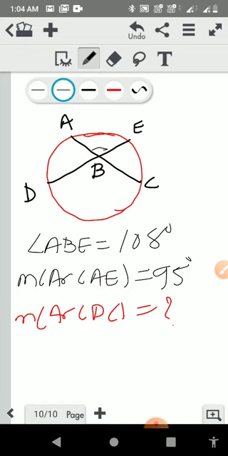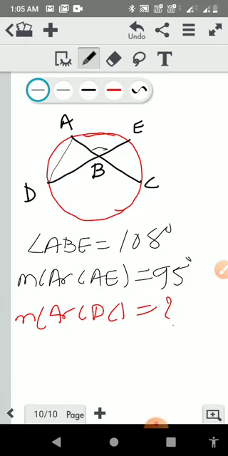I just made one construction here. I am going to join A and D. I am just going to draw this line AD. Why am I joining these points A and D?